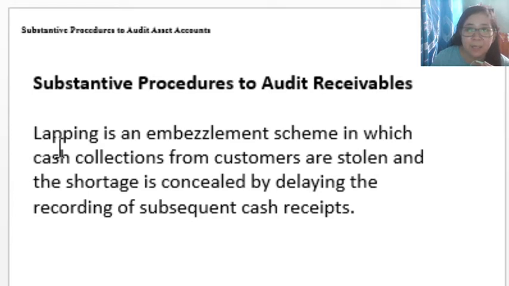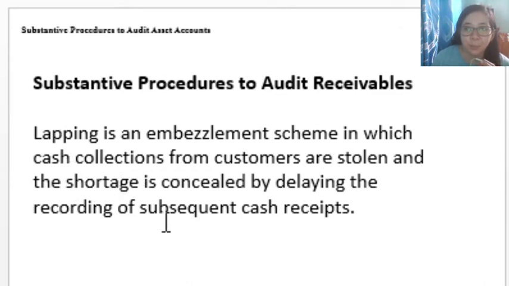Lapping is a form of embezzlement scheme in which the cash collections from customers are stolen by the employee who has the custody of the collection of cash, and the shortage for such stolen amount is concealed because in this case, the employee may also be the one who is recording the cash transactions. So there is no segregation of duties. He may delay the recording of such cash receipts or collection. This is what we call lapping.